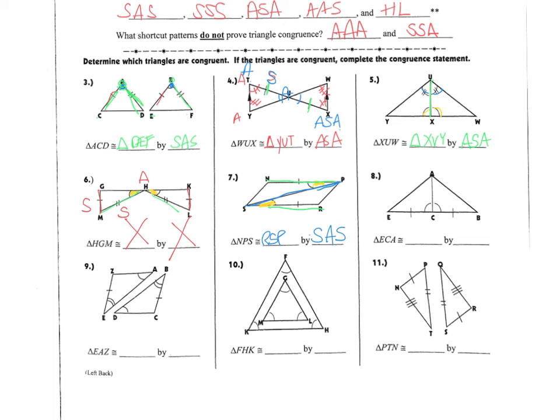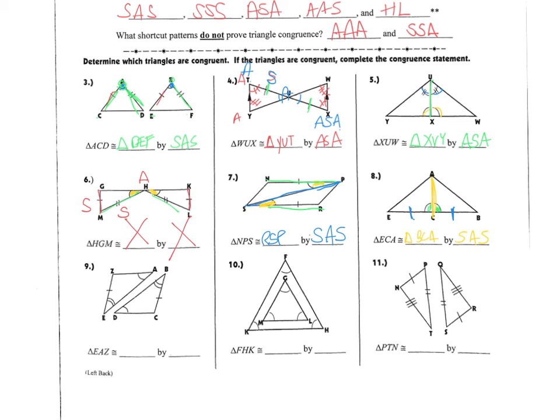If we look at number 8, we have a side to a side, and we're given an angle to an angle, and then we can use the reflexive property here, and so triangle ECA is congruent to triangle BCA, and that is by side, angle, side.